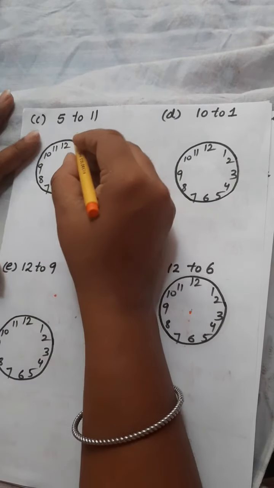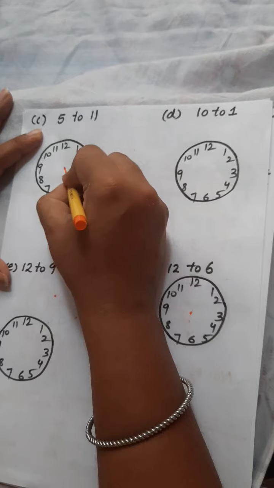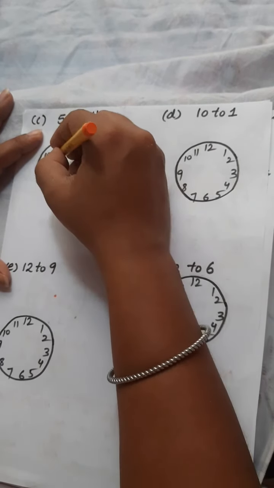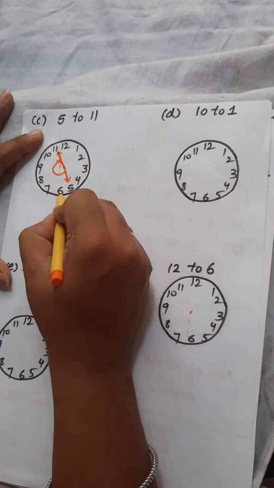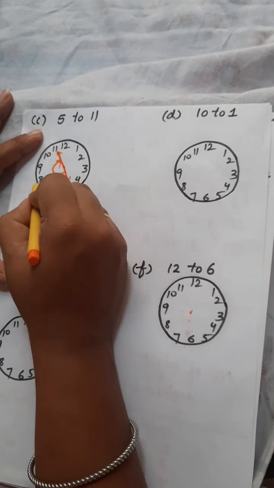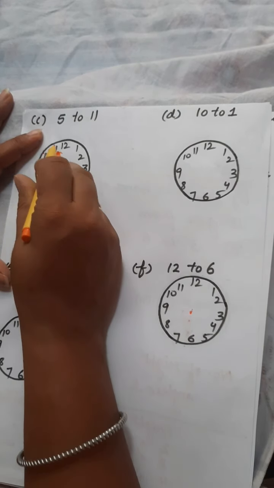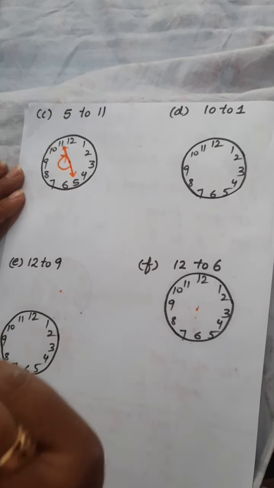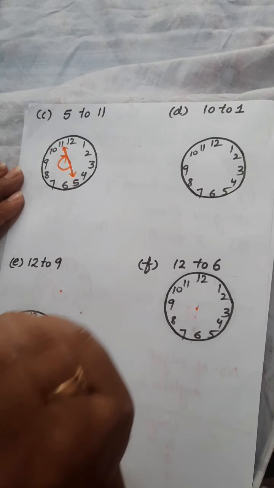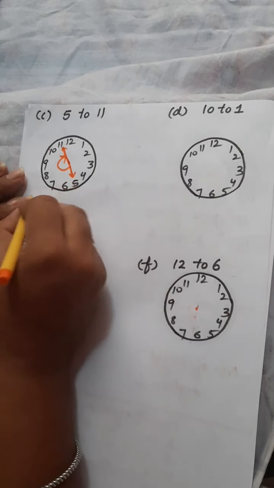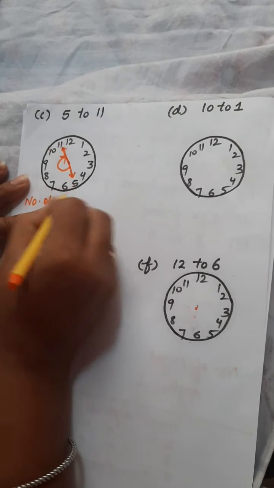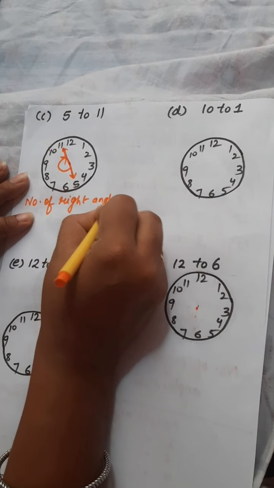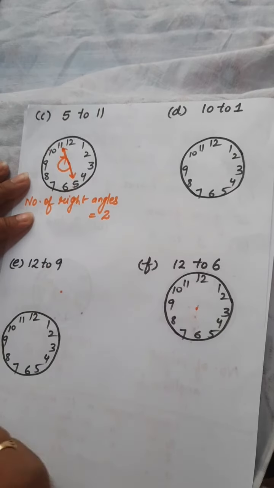Now next we have C part. Here we have to move from 5 to 11 like this. So here we have 5, 10, 15, 20, 25, 30. 30 minutes covered. So how many right angles? 2. Means a straight angle covers 2 right angles. So here the number of right angles is equal to 2.